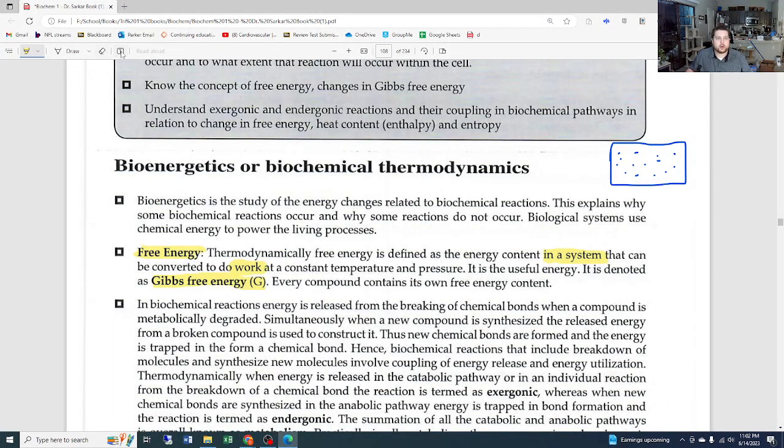Understand that work, or the energy that we're going to be talking about, is measured in joules. Okay, and that'll come back to us later on. We'll use joules, and actually we'll also see a quick correction here.